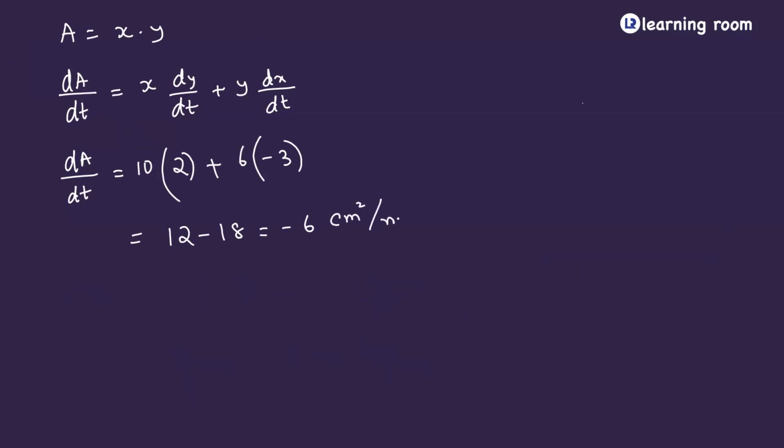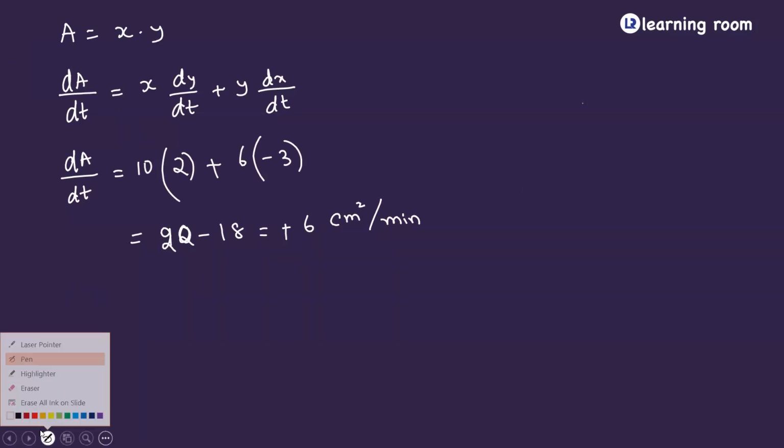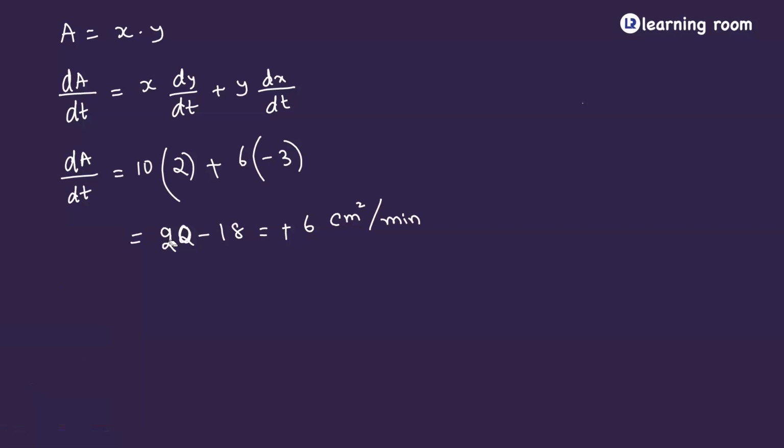So here it will be 20 minus 18, which is going to be 2 centimeters square per minute.